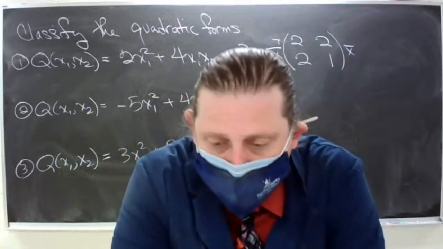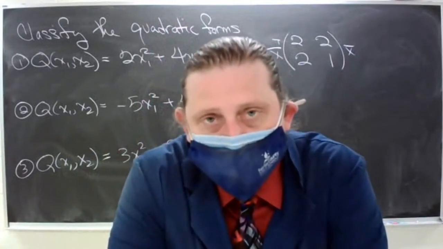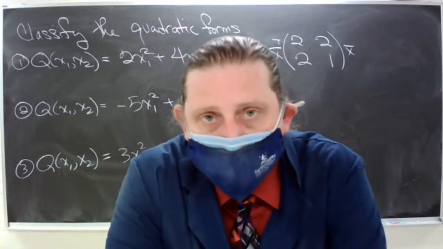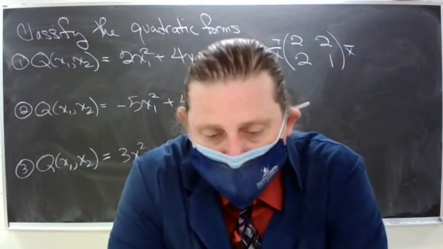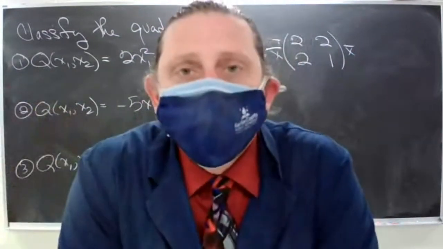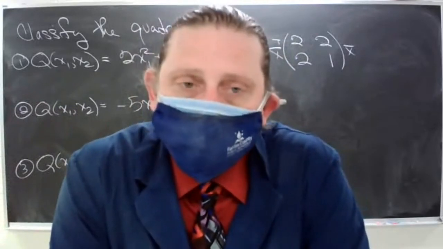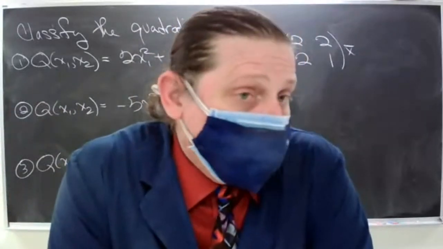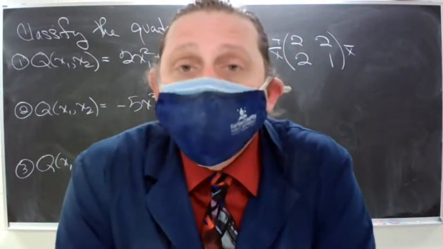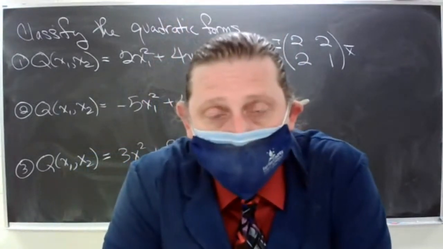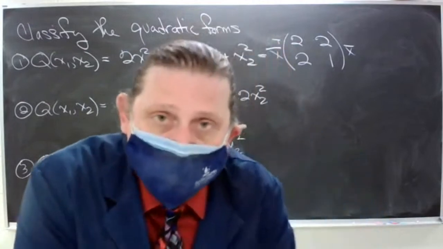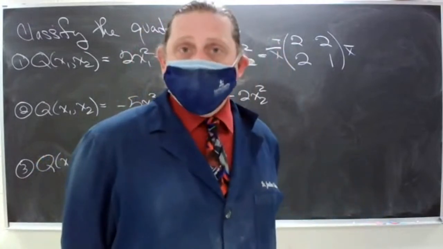If the eigenvalues have different sign, then their product is negative. If one of the eigenvalues, or both, is 0, then their product is 0. We can take advantage of that because the product of the eigenvalues is immediately accessible via the determinant.